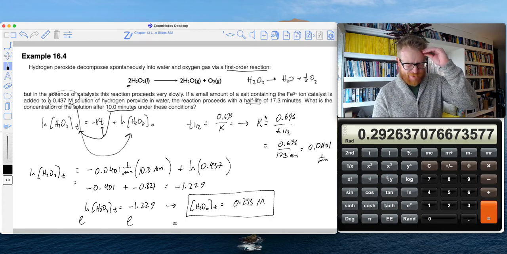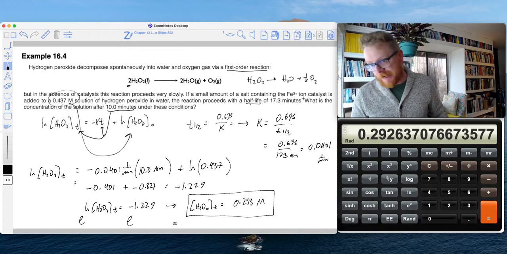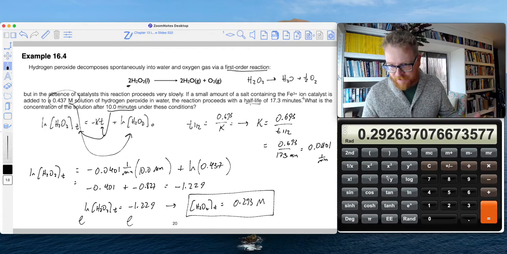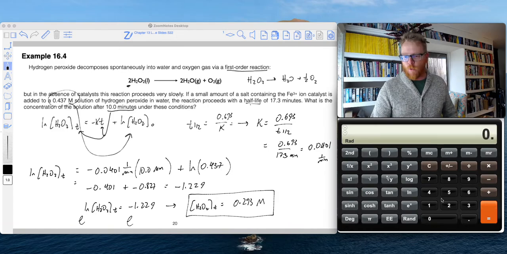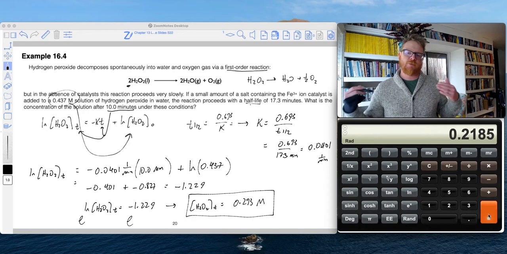Think about that for a minute, right? The half-life is 17 minutes, but we only let it react for 10 minutes. So we should have more than half. And we do. So we can see we've got 0.293 left. If we have 0.437 divided by 2, that's 0.2185, right? So we can see that we've got more than half left, which makes good sense.